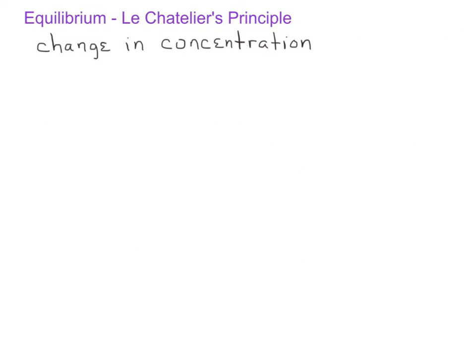The first disturbance to an equilibrium system that we'll talk about is the change in concentration of either the reactants or products in a system that's at equilibrium. Let's look at the example of an equilibrium system where we have N2O4 gas in equilibrium with 2 moles of NO2 gas. Now, according to Le Chatelier's principle, what would happen if we added more N2O4 to the equilibrium system?